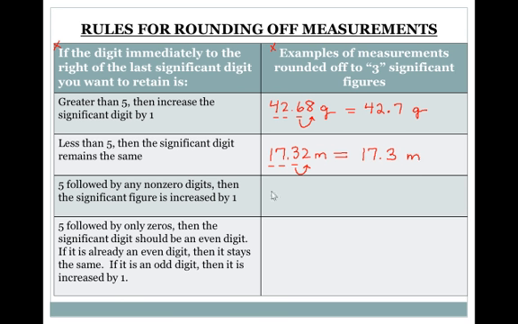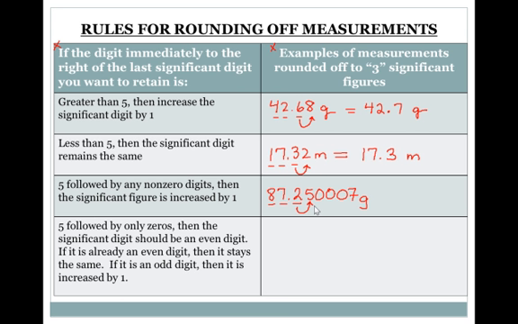So let's look at 87.2500007 grams. Now I want 3 sig figs. So we're going to start here on the left. 1, 2, 3. And I look immediately behind and there's a 5.